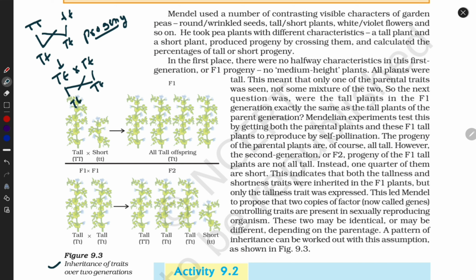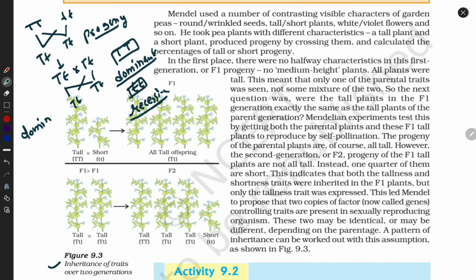and these two progeny contribute their characters to their progeny. Capital letters always indicate dominant characters and small-letter alleles indicate recessive characters. We studied and completed this. What are dominant characters and recessive characters?